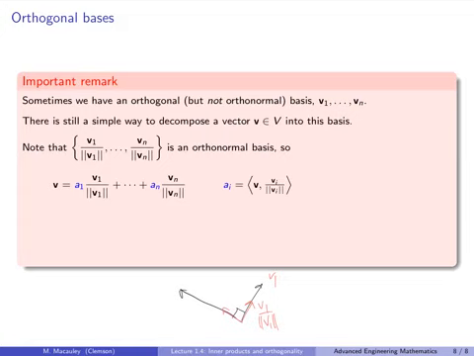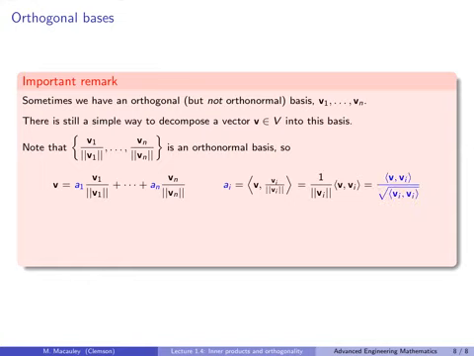So ai is just v dot vi normalized. Now we can pull out this constant 1 over the norm of v in front, and now we just get v dot vi divided by norm vi. And we have a formula for the norm of vi, that's just the square root of vi dot vi.